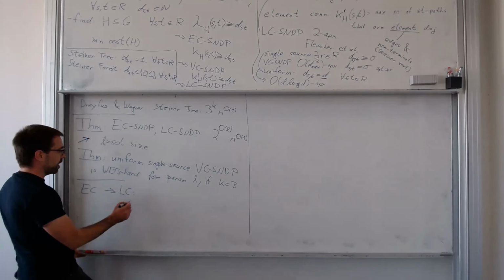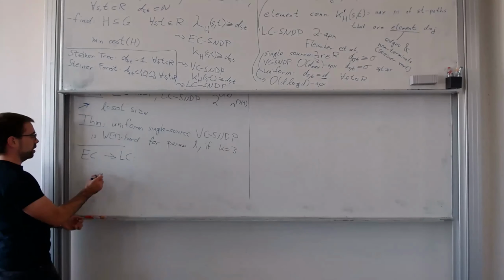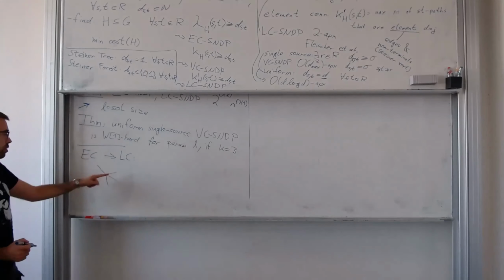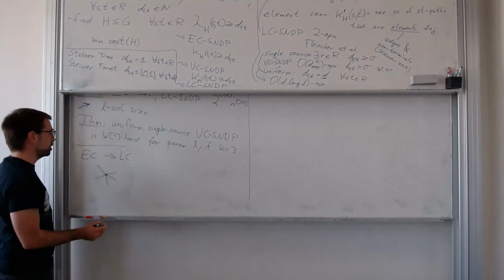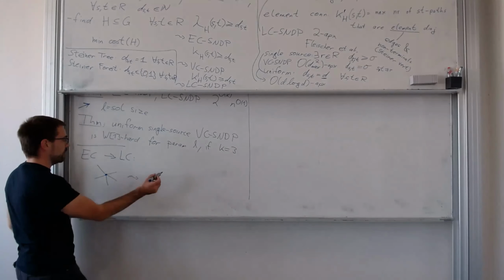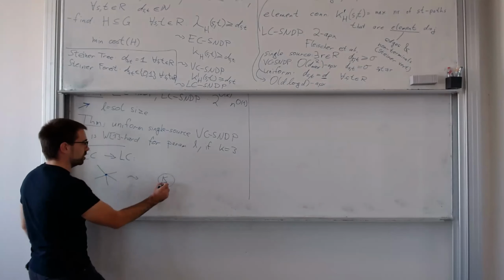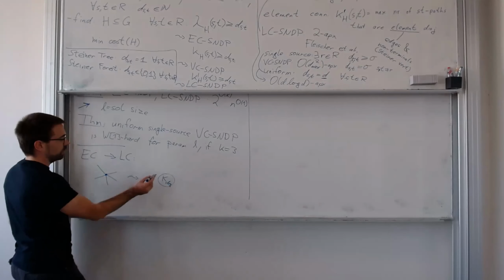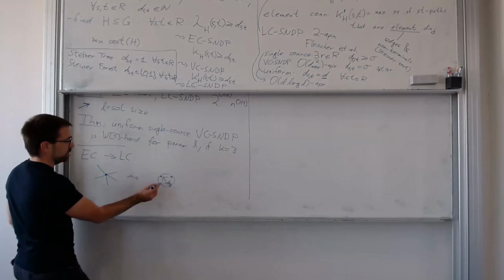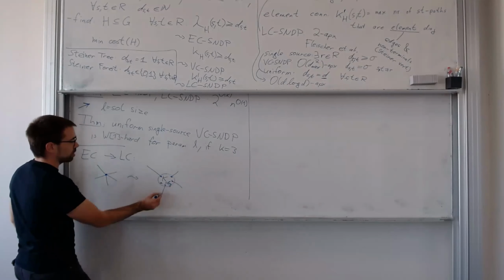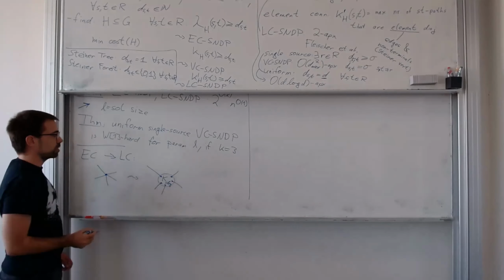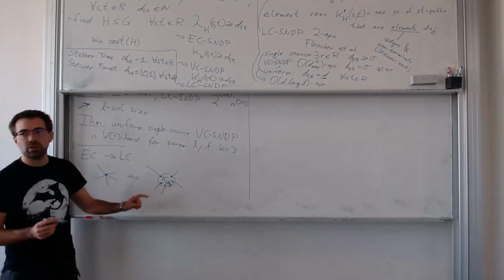If we have a non-terminal, a Steiner vertex, with some edges connected to it, we replace it by a clique of size equal to the degree of that original vertex. Then we connect the previous edges to the vertices of the clique, so that every edge connects to exactly one of them.